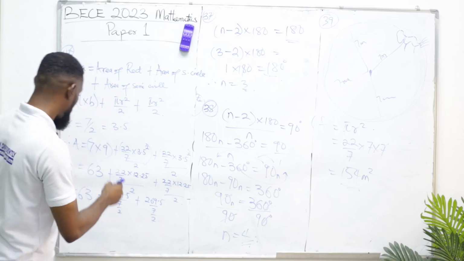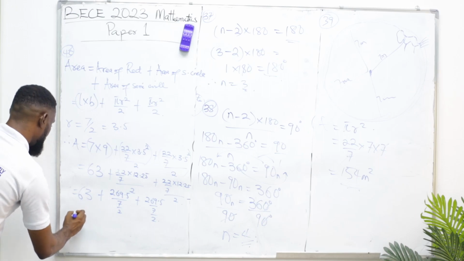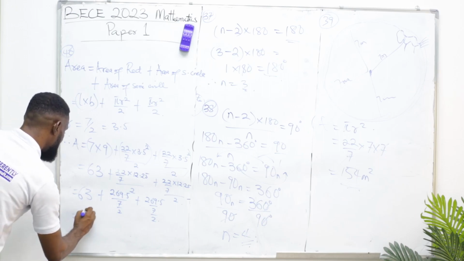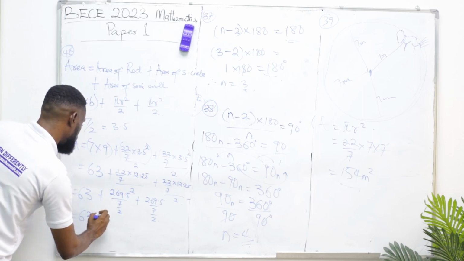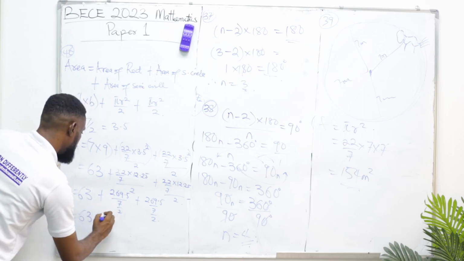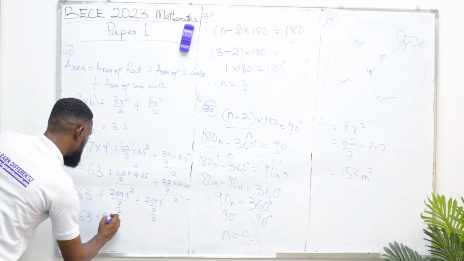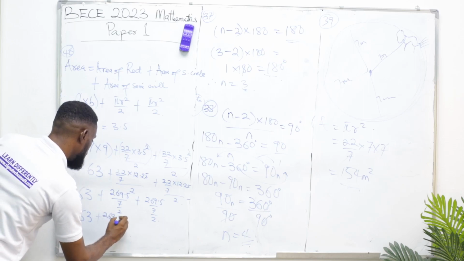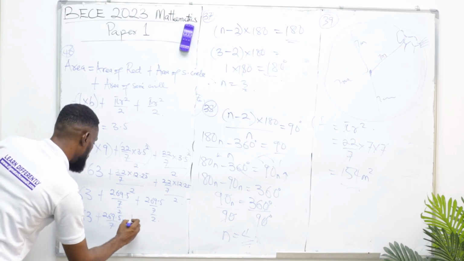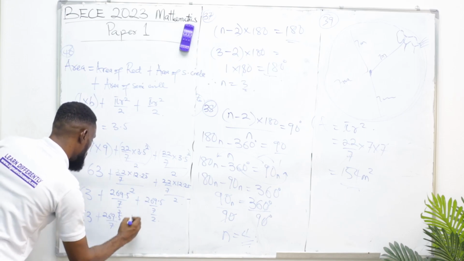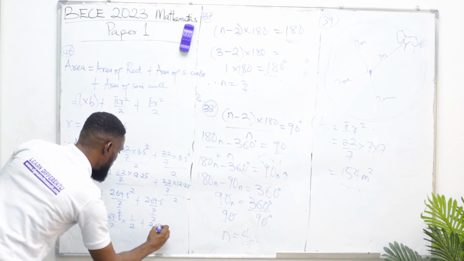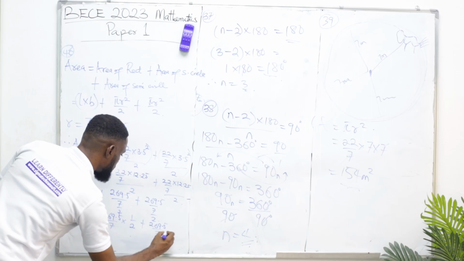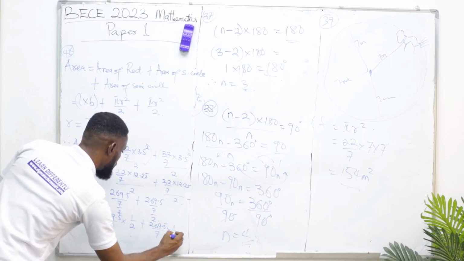Is that okay now? All right, so once that is done, the next thing we'll have to do now is 63. Just follow me, please. 63 will now be plus 269.5 over 7 times 1 over 2, because this is 2 over 1, so 1 goes up, 2 comes down. All right, plus 269.5 over 7 times 1 over 2.